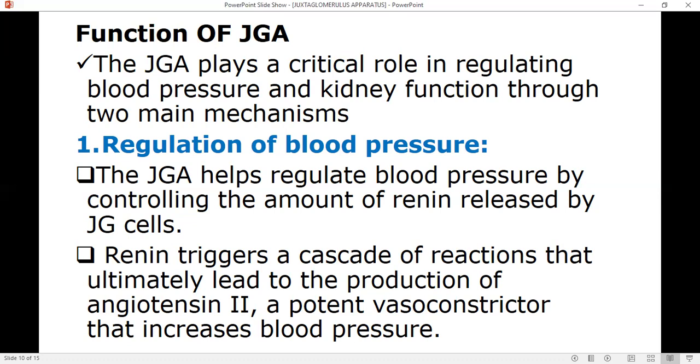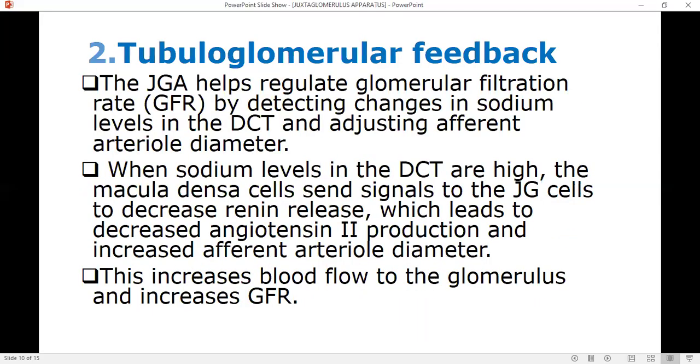I will explain more on what angiotensin II is all about in the next lecture. But for now, know that angiotensin II causes vasoconstriction. It makes the vessels constrict so that they can accommodate the available blood in the vessels, thereby increasing blood pressure.